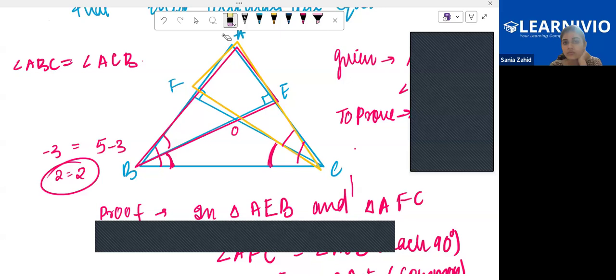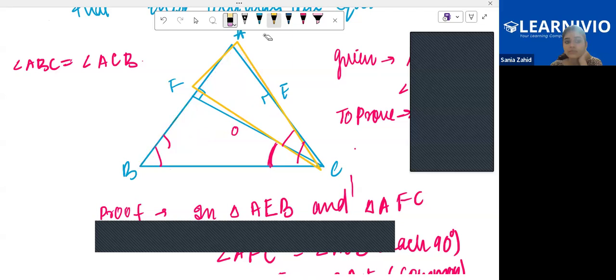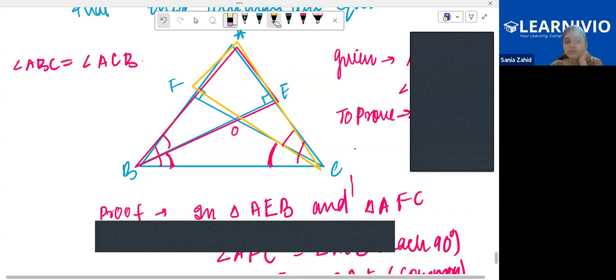But here, this particular angle is not equal to this angle. It is not given anywhere in the question.